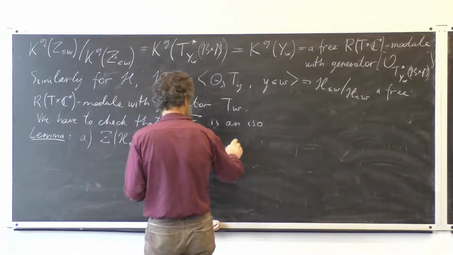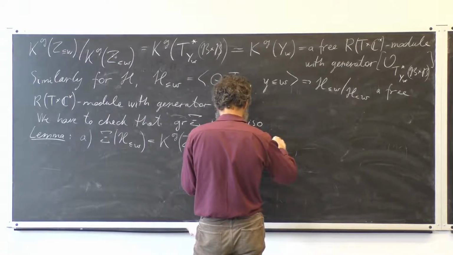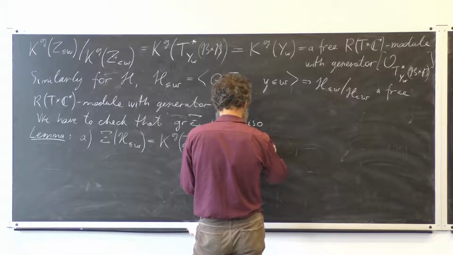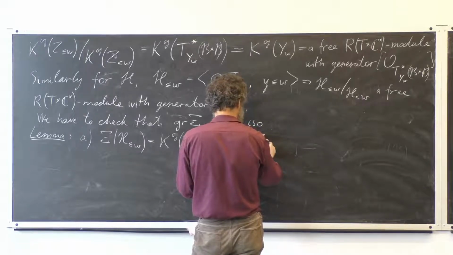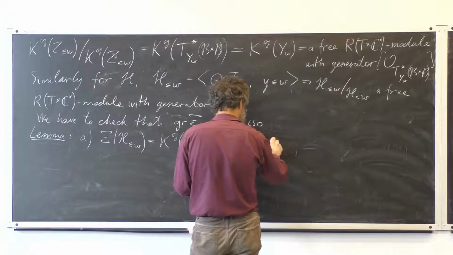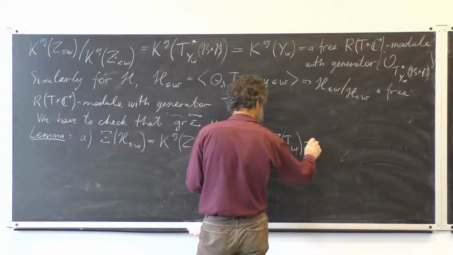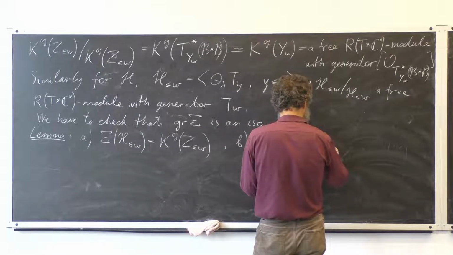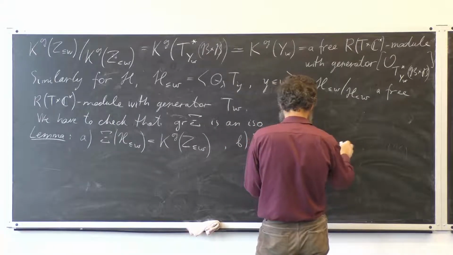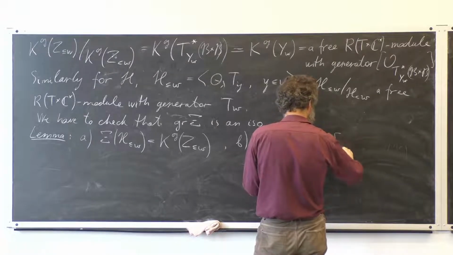Okay, and second, that on the associated graded, it is an isomorphism, so the graded psi applied to T_w is some invertible scalar times the class of this.